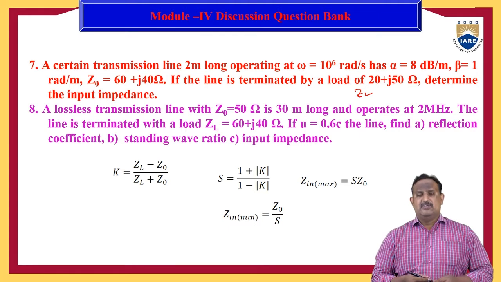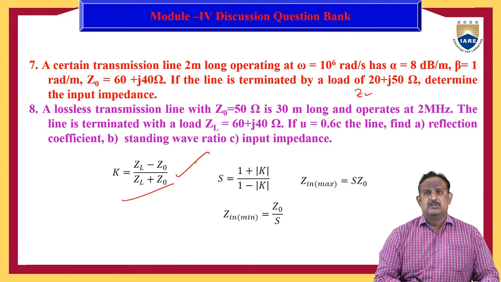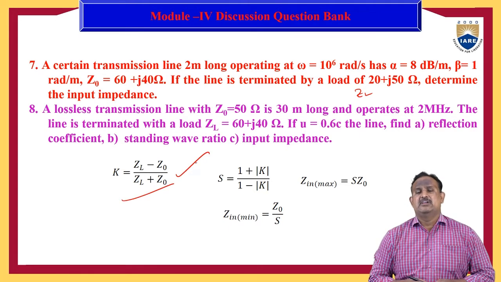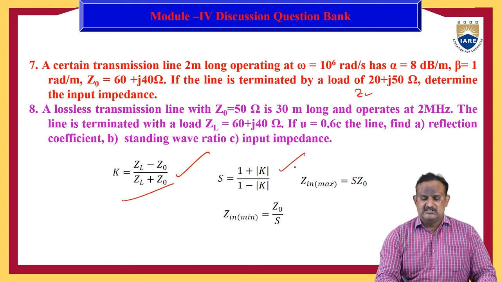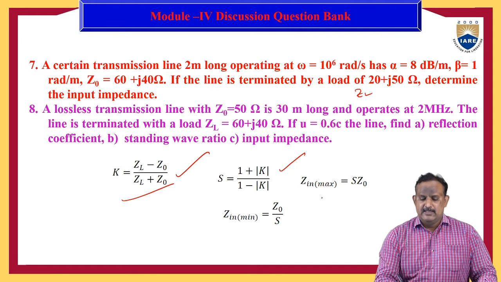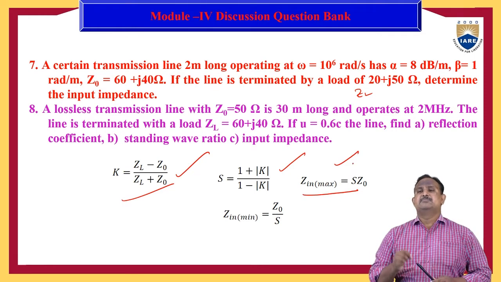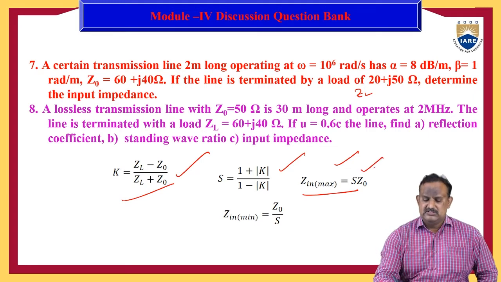So here first we need to find out the K value, where K is a reflection coefficient, K is equal to ZL minus Z0 by ZL plus Z0. So from the reflection coefficient, we need to find out the VSWR value. VSWR equal to 1 plus mod K by 1 minus mod K. Then input impedance maximum Zin max equal to S into Z0.